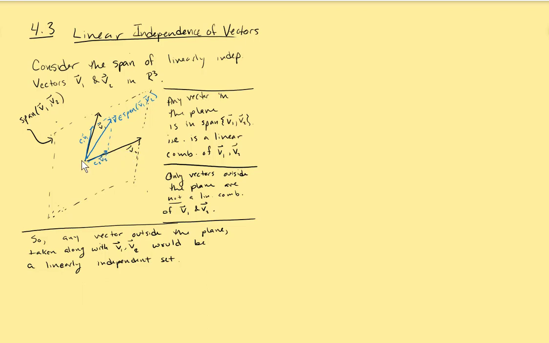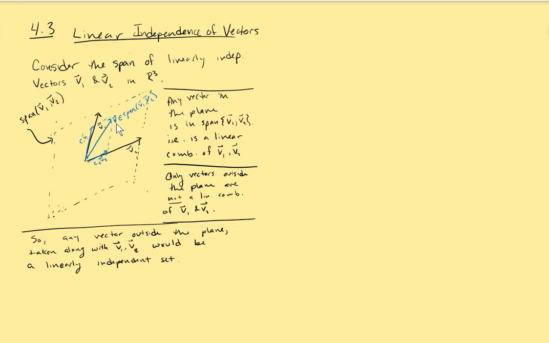Any linear combination of these two vectors is just some c1 times the v1 vector, so some amount in this direction, plus c2 times v2, so some amount in this direction. And if you graphically add those vectors, you can see you're still going to land in the plane defined by these two v1 and v2 vectors.